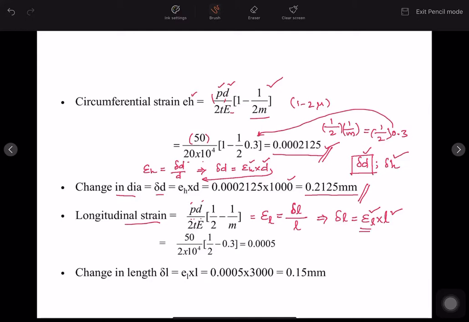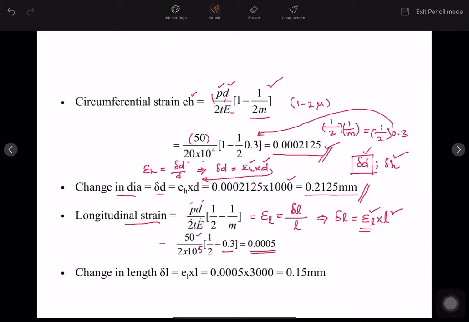PD by 2T is 50, and E is 2 into 10 power 5, into 1 by 2 minus 0.3, which gives us a value of 0.0005.